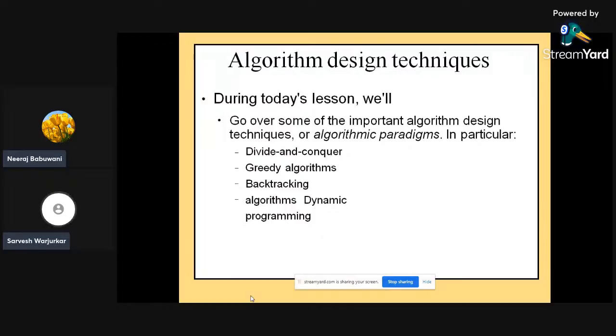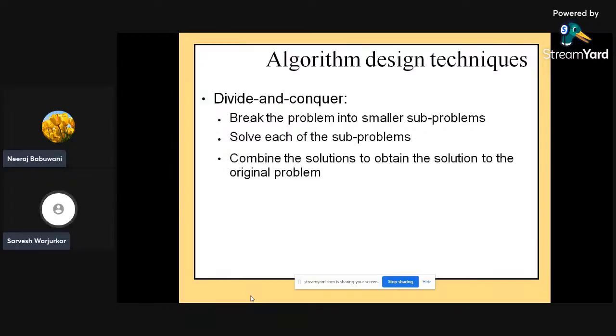Firstly, we'll go with the various design techniques, in which we'll cover divide and conquer, greedy algorithm, backtracking algorithms, and dynamic programming. Firstly, we'll go with divide and conquer. What is divide and conquer?